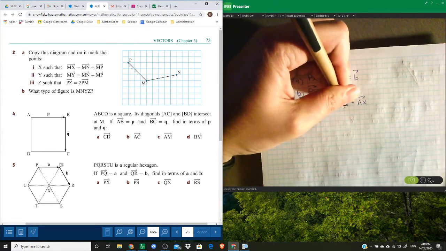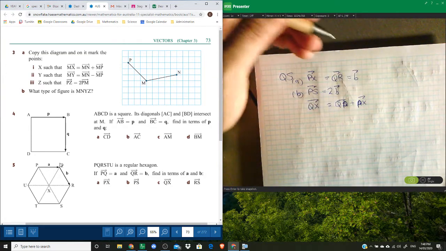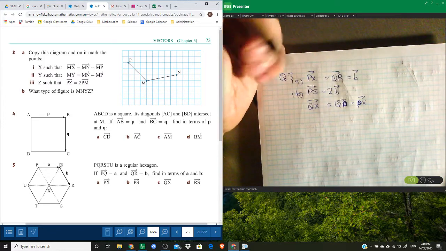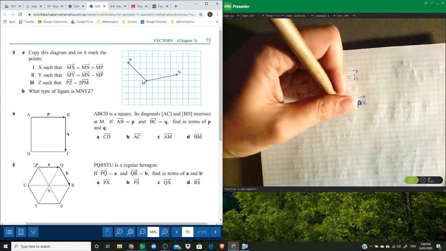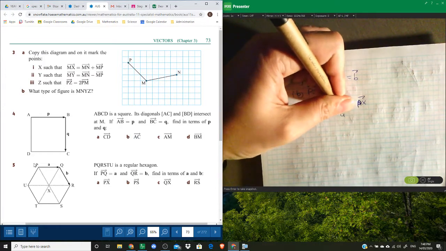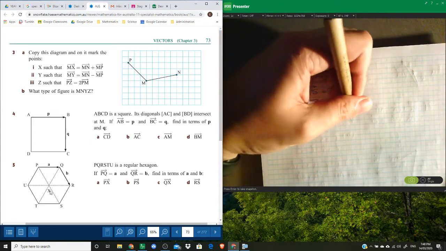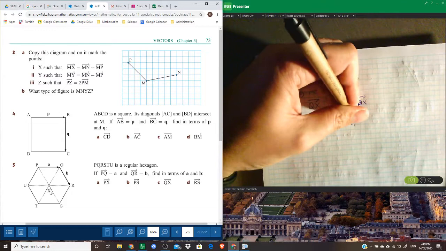Q to P. I'm getting ahead of myself. I'm thinking about vector A and then P to X in terms of the points. So Q to P is negative of P to Q, which is negative A. And PX we actually worked out in part A, which is B. So minus A plus B, or B minus A, is the same thing.